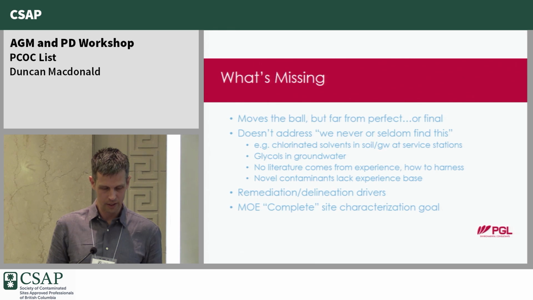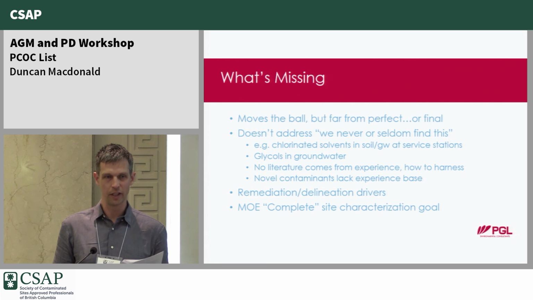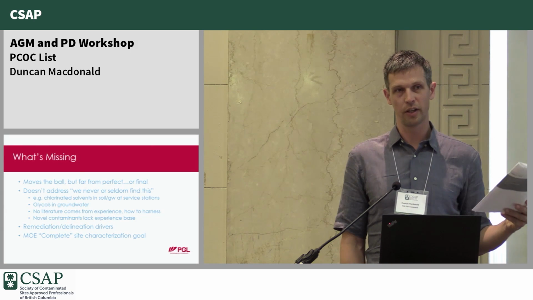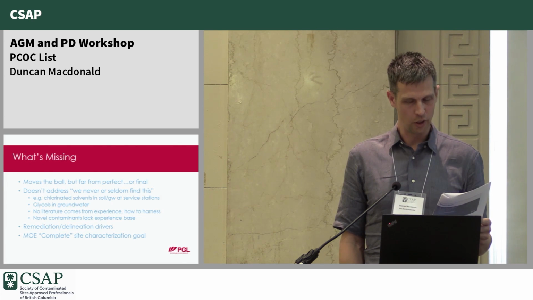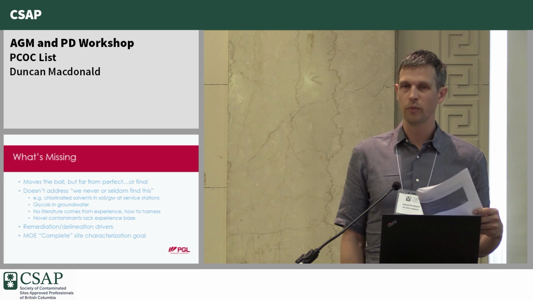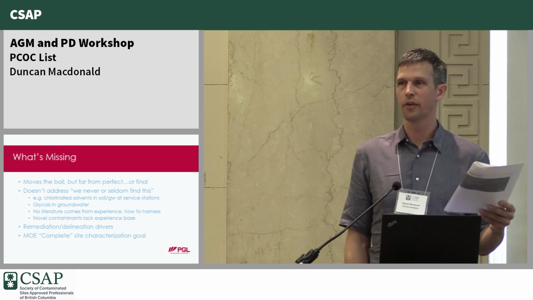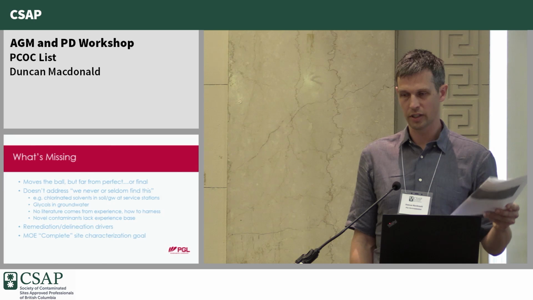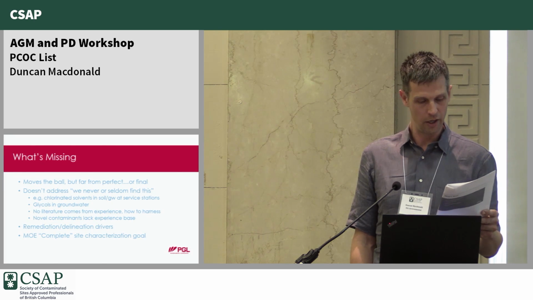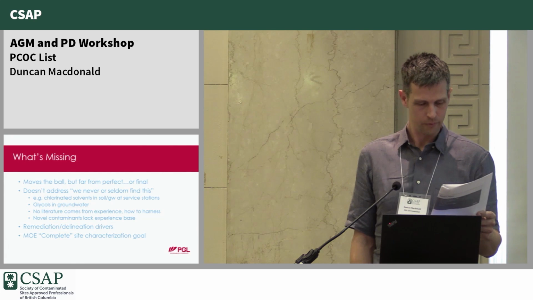There's some things that it doesn't necessarily address, like what shouldn't we be looking for, or the group experience here on things that we look for but we don't find. There's also that we don't want a lot of unexpected consequences or looking for things that we don't need to be looking for. Some examples that came up through the discussion and the mini workshop that we had on it are things like chloroform and soil vapor.